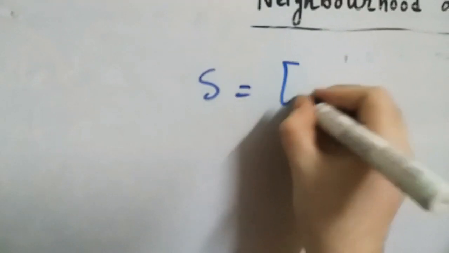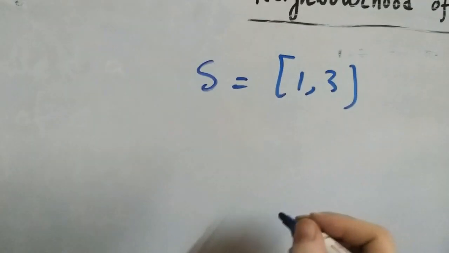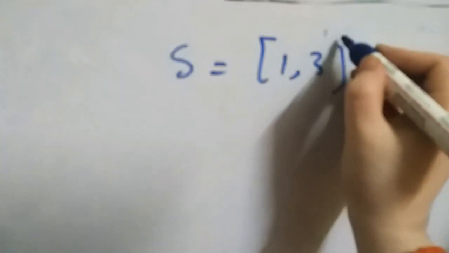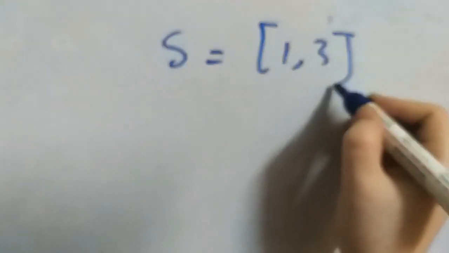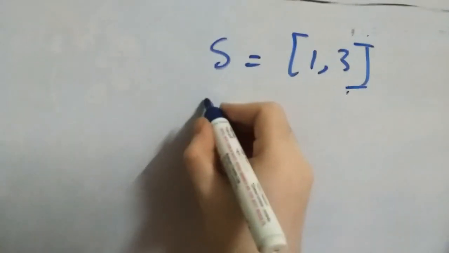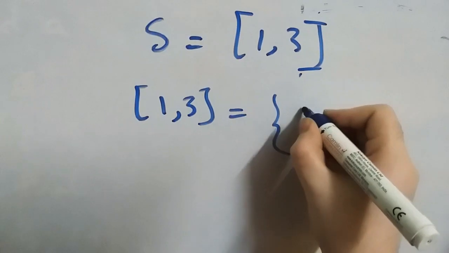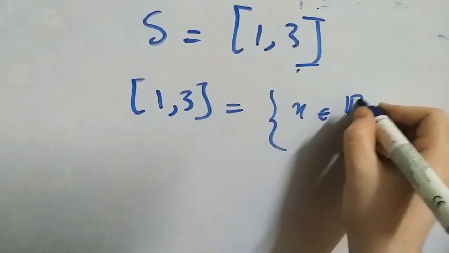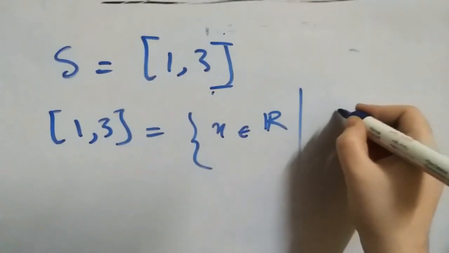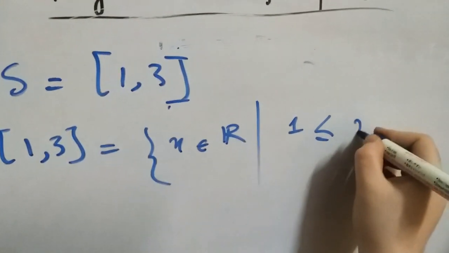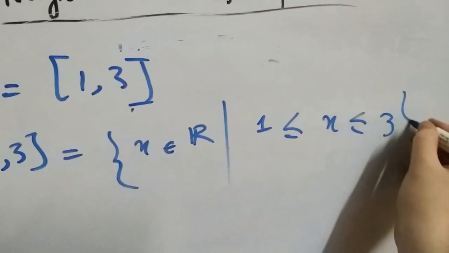Now consider S equals the closed interval [1, 3]. By definition, the closed interval [1, 3] is the set of X belonging to R such that 1 is less than or equal to X, which is less than or equal to 3.